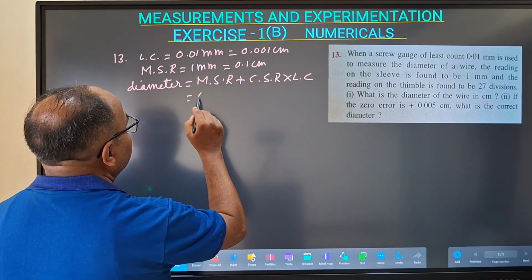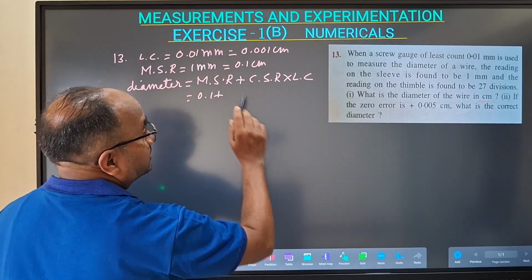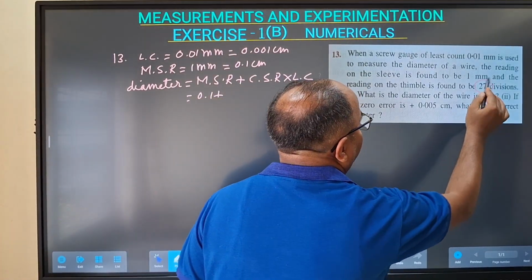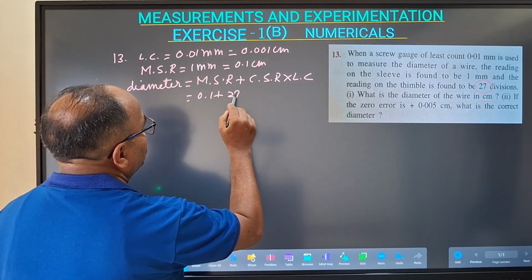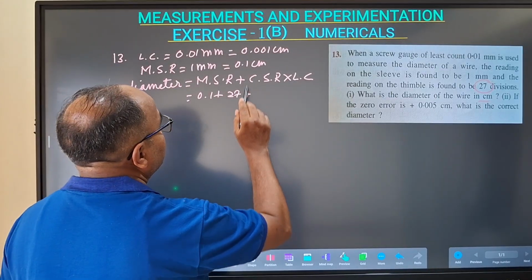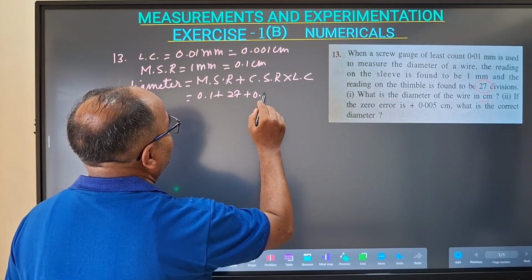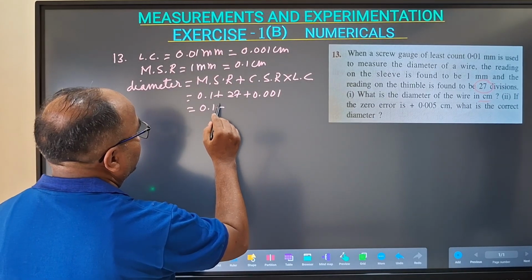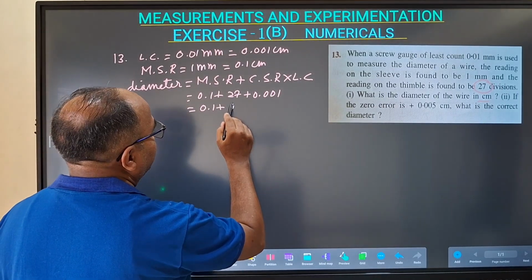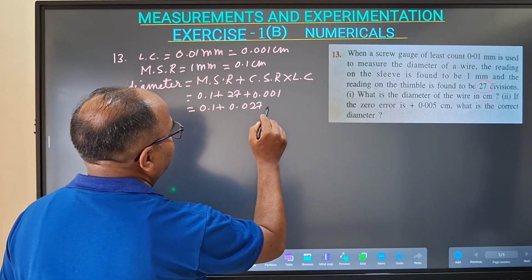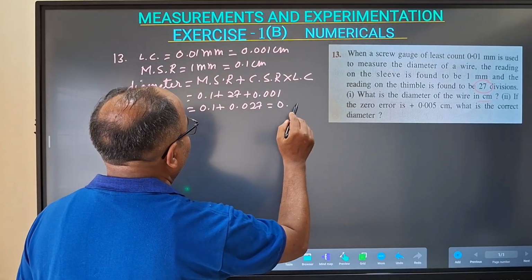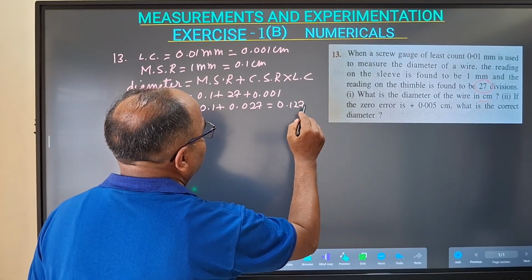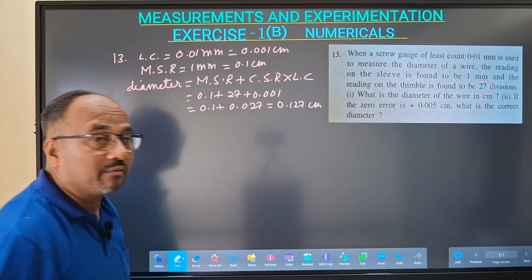So MSR is 0.1. CSR, you can see here, is told as 27. So 27 times the least count 0.001. So 0.1 plus, if I multiply with 27, you will get 0.027. So you get 0.127 centimeter as the diameter.